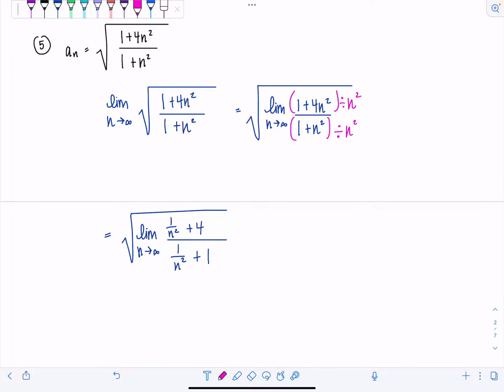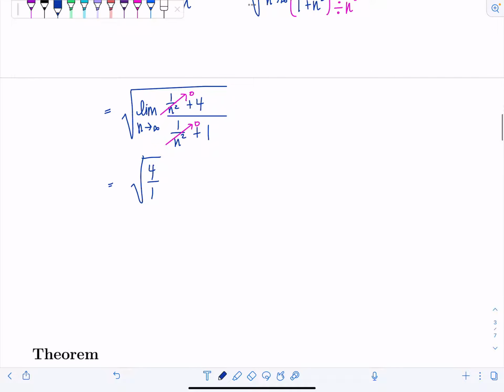Beautiful. So as n approaches infinity, these 1 over n squareds go to 0. And I'm just left with 4 over 1 underneath the radical. But that's just the square root of 4, right? Which is 2. That's a finite number, so that's L, and we can say that this sequence converges.